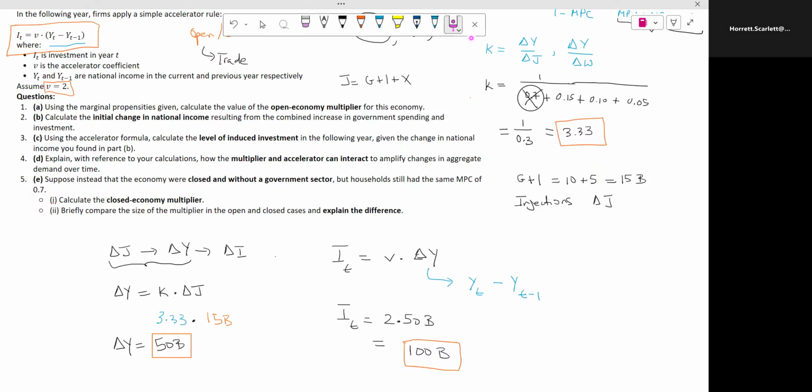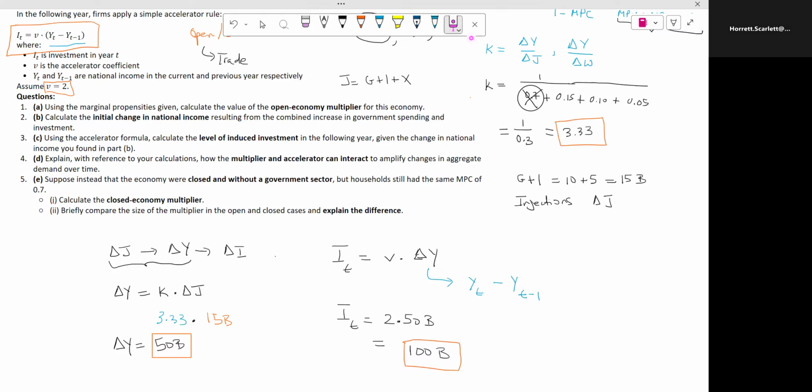However, when we account for the factor and how the change in national income is going to be realized, then we realize that we're now ending up with $100 billion. So in totality, we are saying that the total injections of $15 billion over time is going to generate $100 billion.